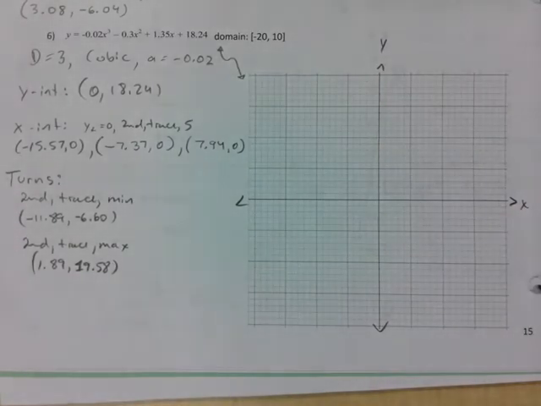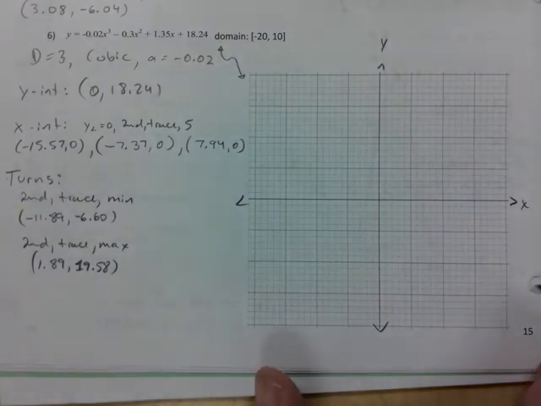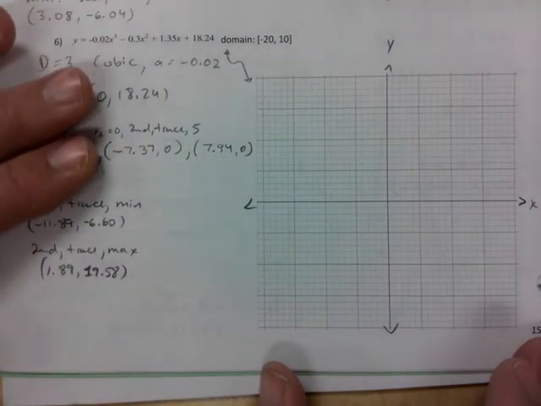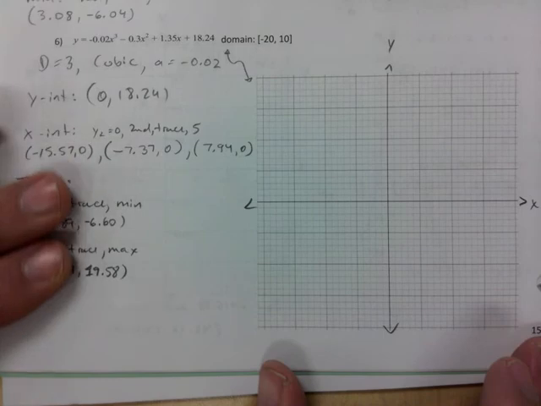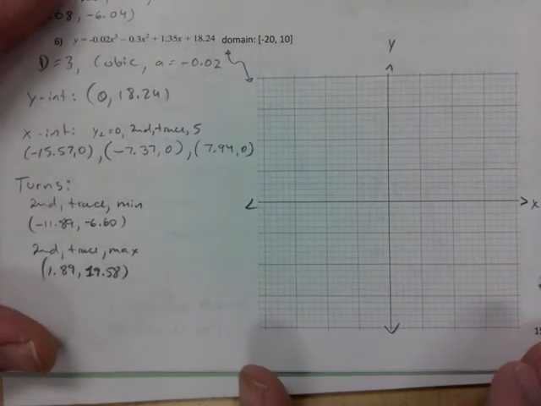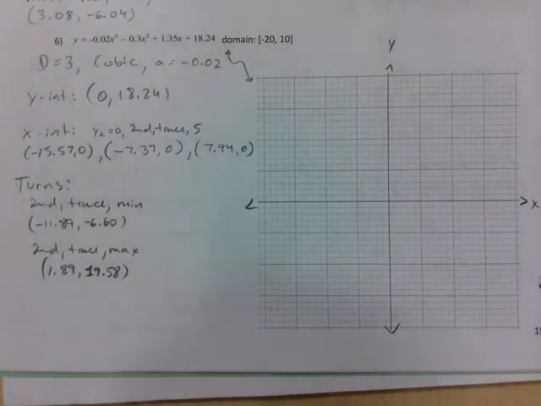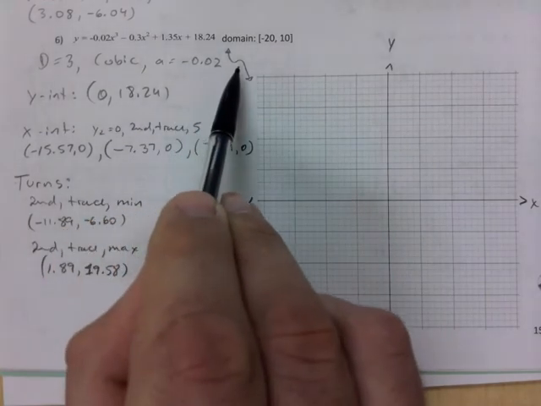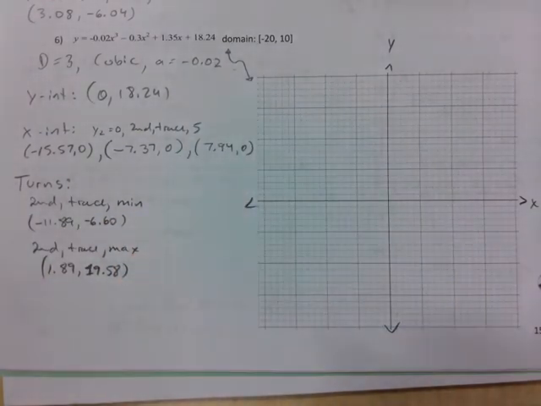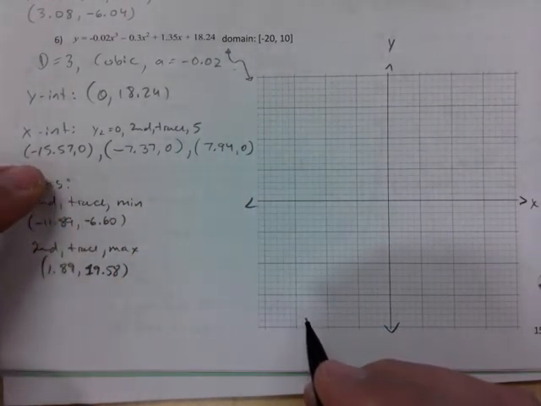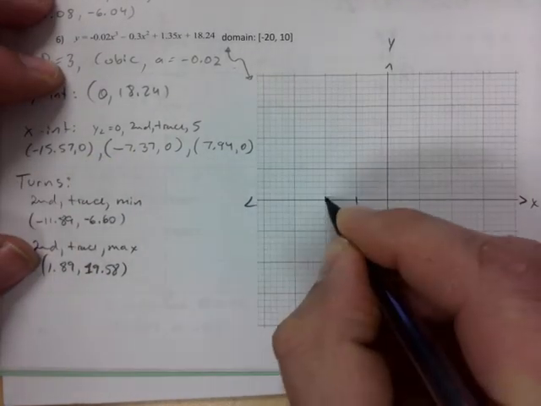And keep in mind these numbers, the bigger they get, the more challenging this becomes, right? Now we're just making sure you understand how to find everything. But later on, you might have to adjust your window quite a bit. Just remember, you know the y-intercept, you know the general shape, all of that. So if I go by ones, I should be fine.